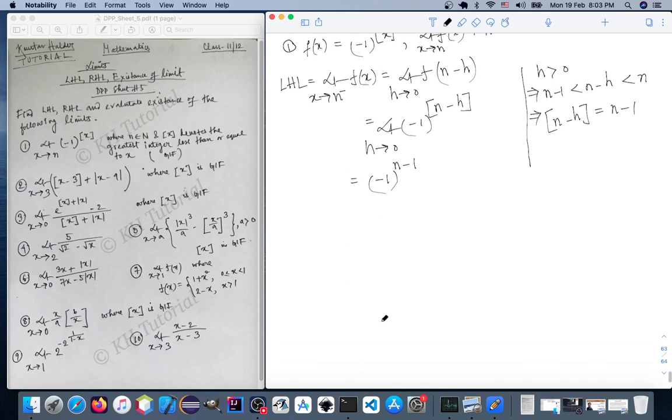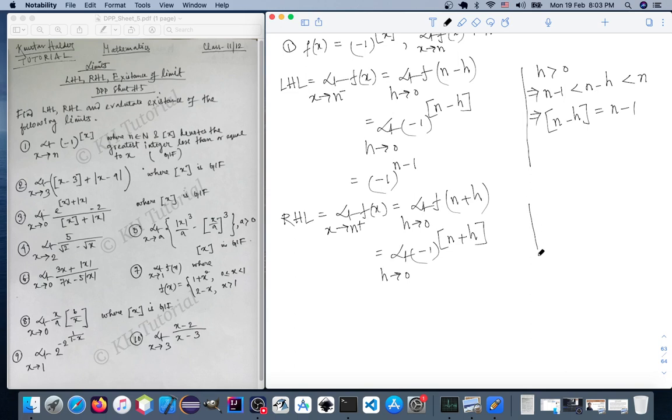Now let's see what is the RHL. RHL equals limit x tends to n positive of f(x) equals limit h tends to 0 of f(n plus h). This equals limit h tends to 0 of -1 to the power box of (n plus h). Now h is a very small positive quantity greater than 0.